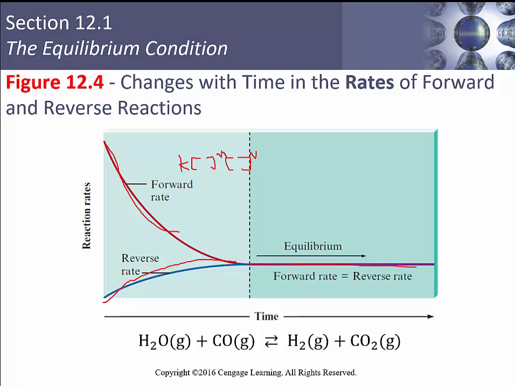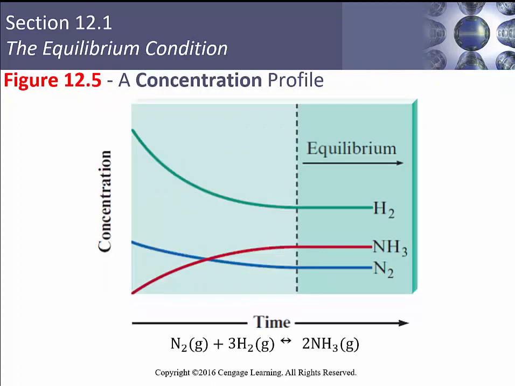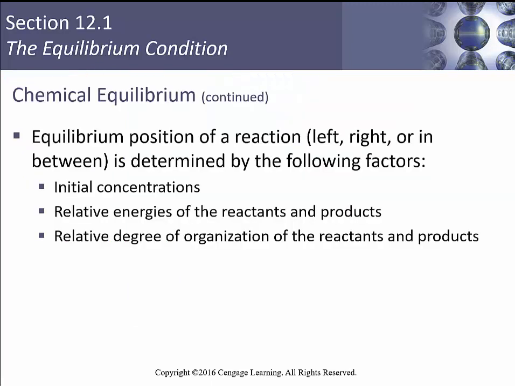And then we're going to be at our equilibrium condition. If we look at our concentration as a function of time, the concentration of our product is going to increase, and the concentration of the reactants is going to decrease over time, and then they're going to reach this steady state where we're not going to observe a change in their concentration.